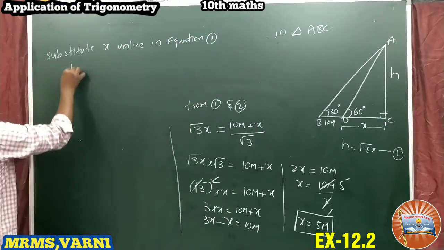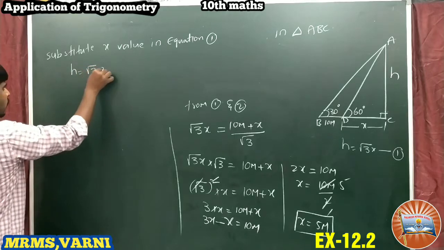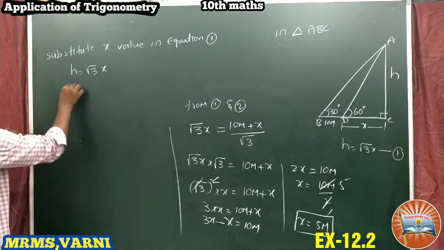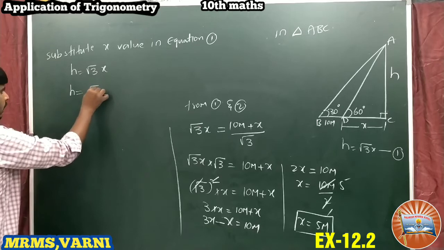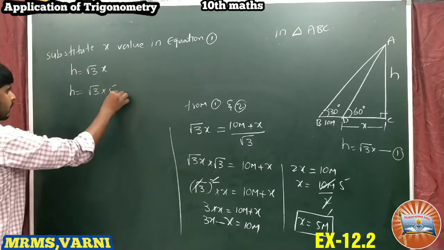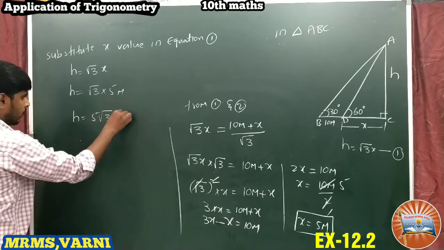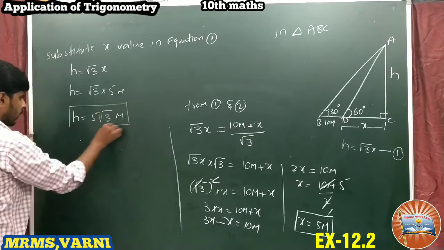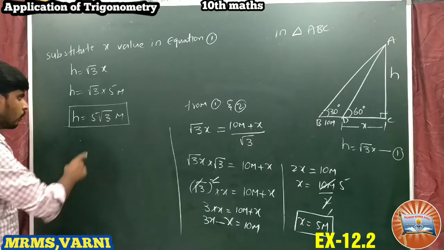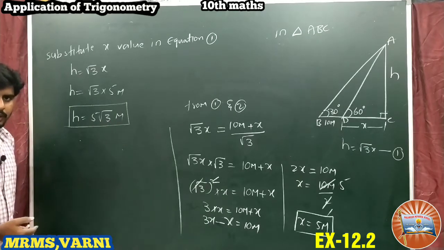What is equation 1? H is equals to root 3x. Okay, so h is equals to root 3 into 5 meters. That we can write h is equals to 5 root 3 meters. We can stop here. Okay, no need to simplify. So 5 root 3 is the height of the tower.